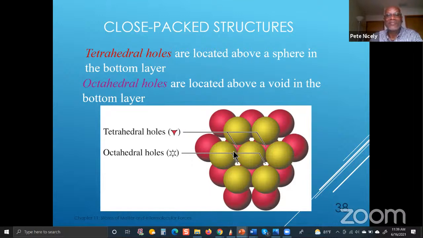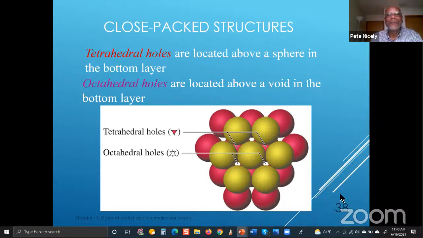You have the tetrahedral holes, which are these holes right here. And then you have the octahedral holes, which are spaces below that are not occupied by any particles in the bottom layer. In the tetrahedral holes, you can clearly see the bottom layer particles.